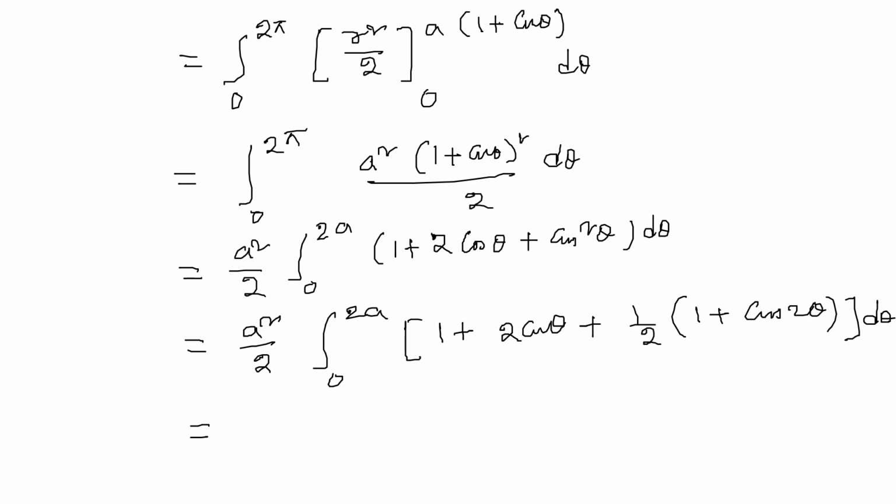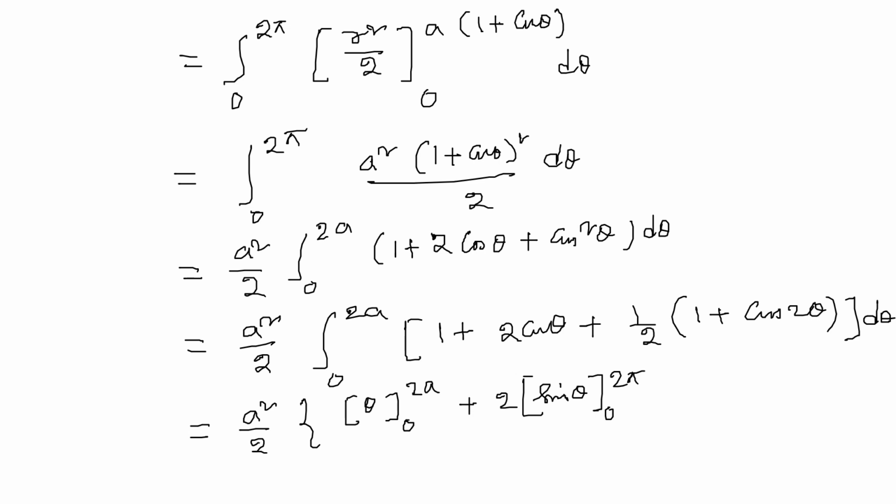Now you can do the integration term by term. The first one is 1, so you will get theta. So a square by 2 times theta, plus 2 sine theta, with limits 0 to 2 pi, plus half of theta, 0 to 2 pi.